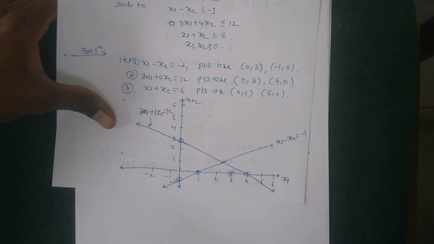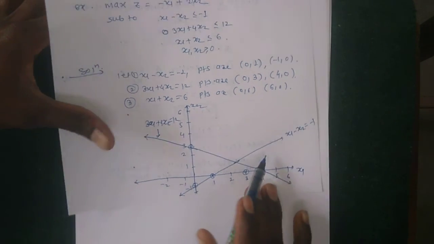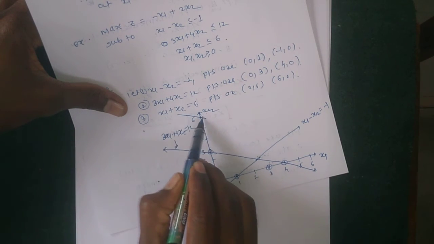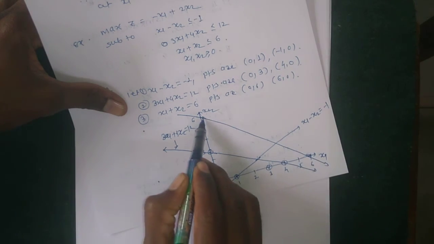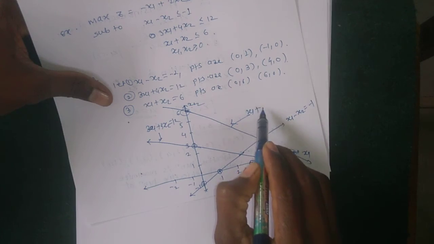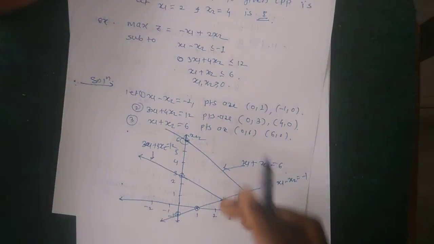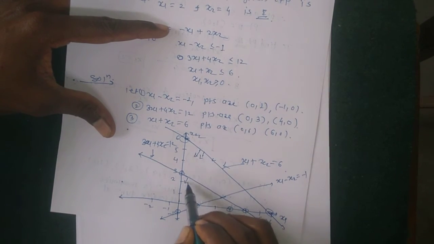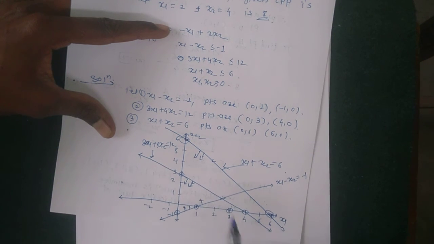Then next, x1 plus x2 is equal to 6, suppose here 6, here 6. This line is x1 plus x2 is equal to 6. All constraints are less-than-or-equal type, which means the region is below this side, below this side, and the region is also below these sides.